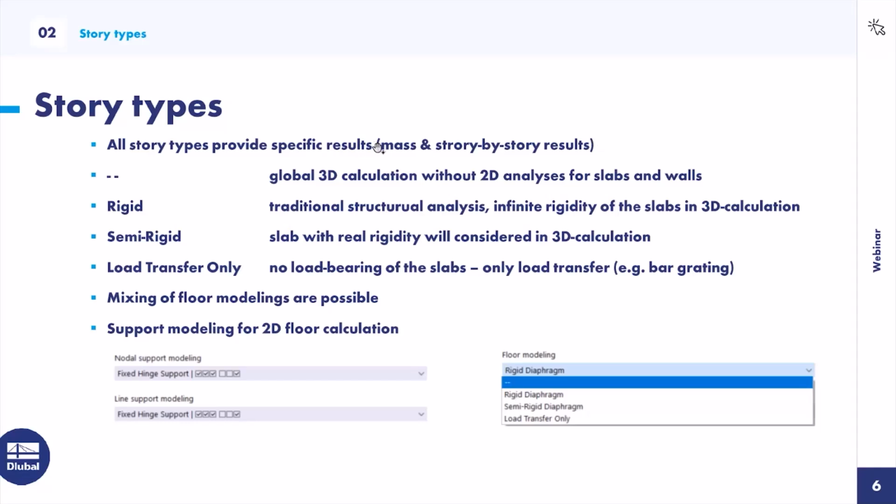Okay, then we have the next type, the rigid diaphragm. It's for, I would say, traditional structural analysis or calculations, where 3D effects are not considered.